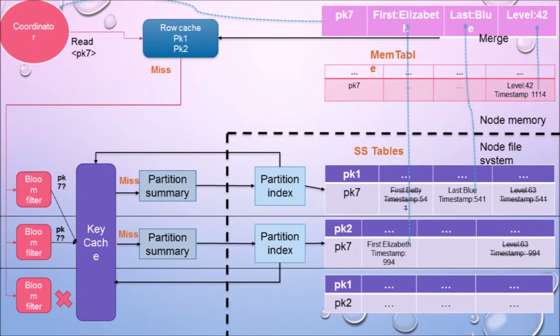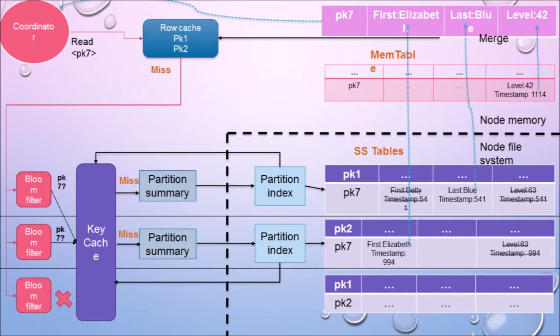The reason why it's not enabled by default is because row caches are there in the RAM, in your physical memory, but Cassandra has its own cache. Cassandra is a Java product, so it has its own cache. And then the operating system also caches the row, and then it has its cache.